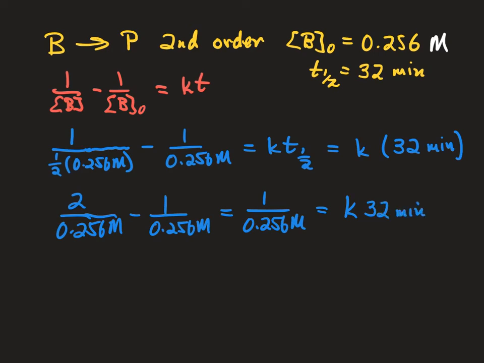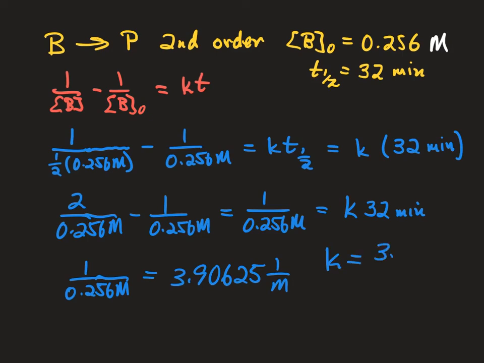Our 1 over 0.256 molar is 3.90625 per molar. And so our k is going to be equal to that, 3.90625 per molar divided by our 32 minutes.